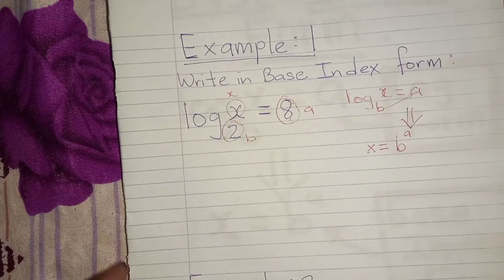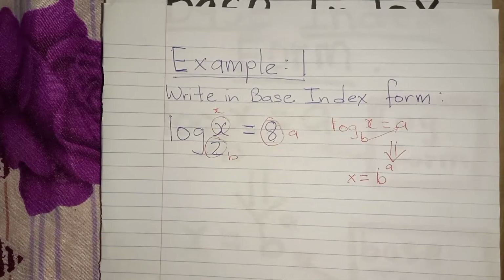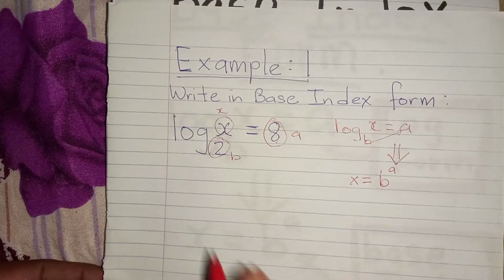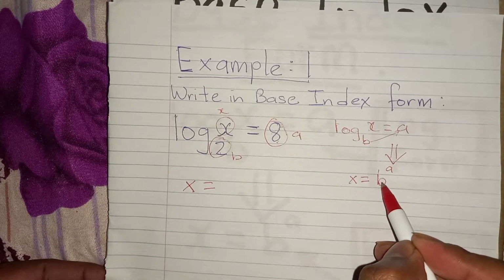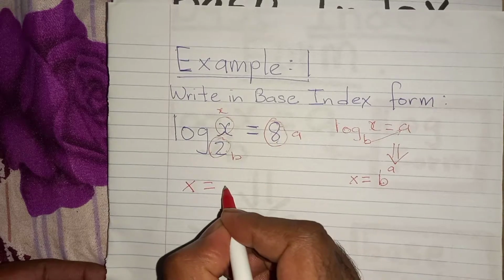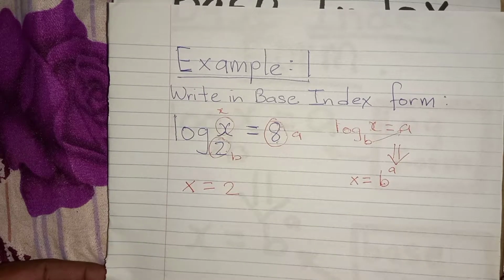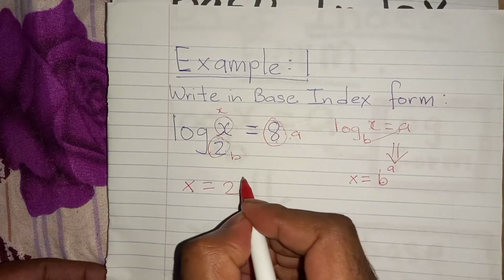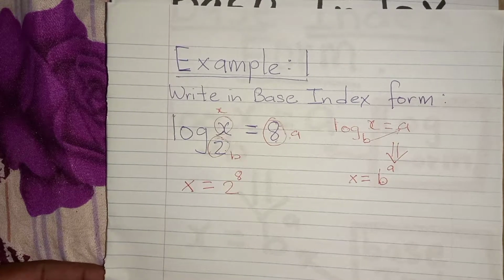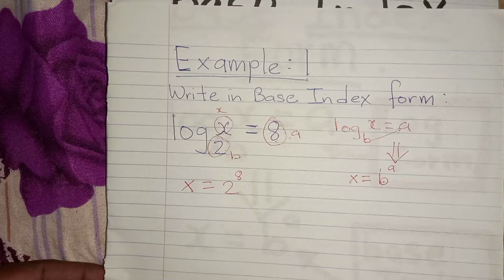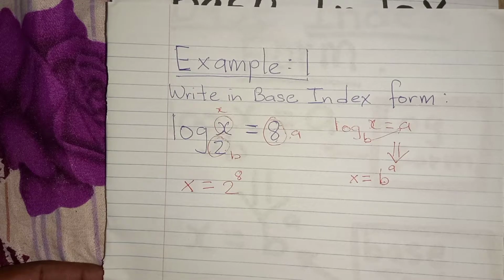So if I have to write this in base index form, this will be x is equal to b, which is 2, power a, which is 8. So 2 power 8 is going to give us the value of x.